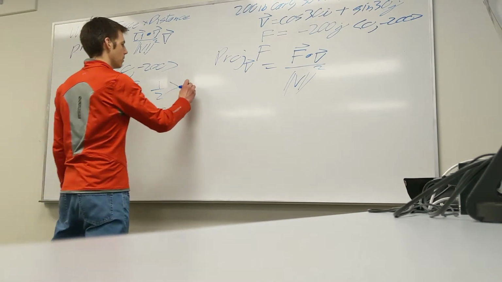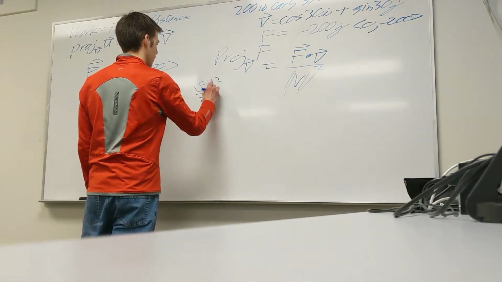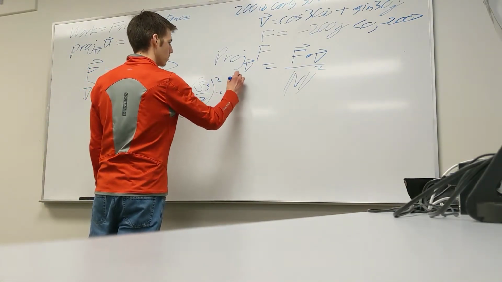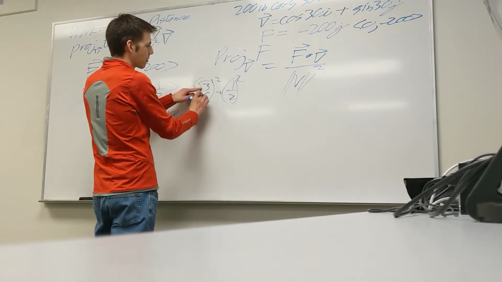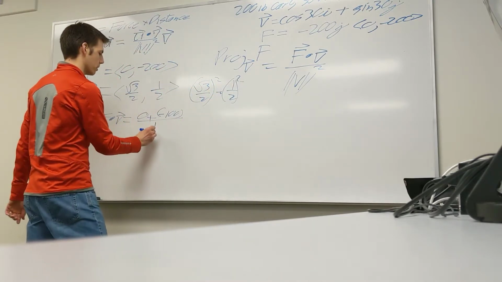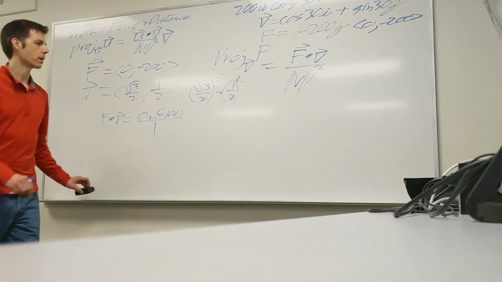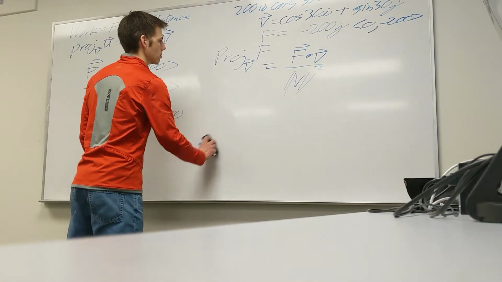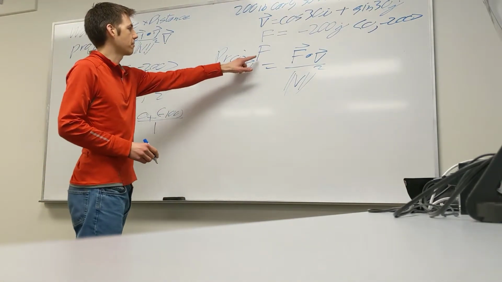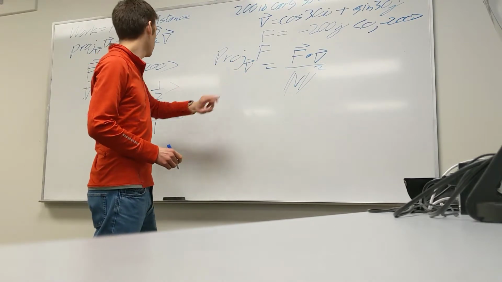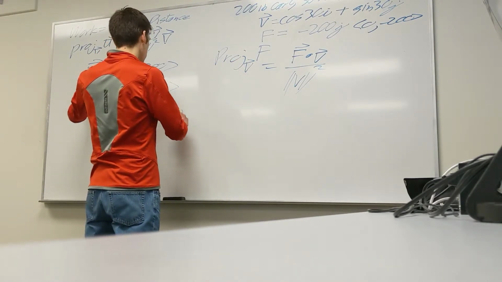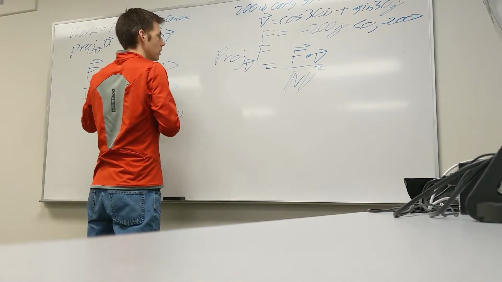So that's 3 over 4 plus 1 over 4, just 1, right? Squared. Okay? So the projection of F onto V is going to be that times V.